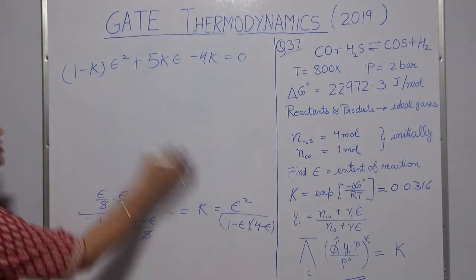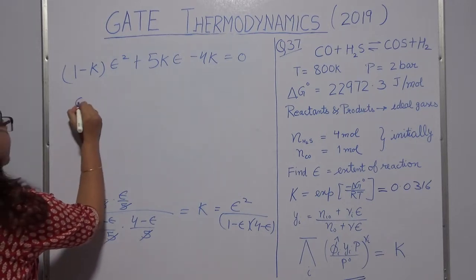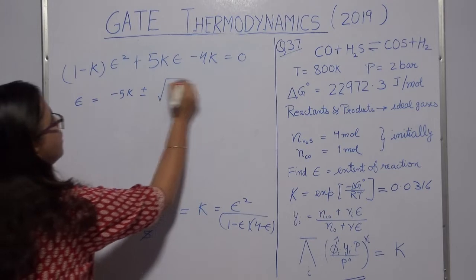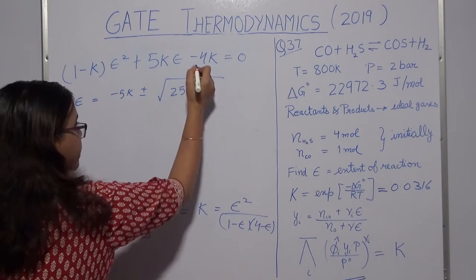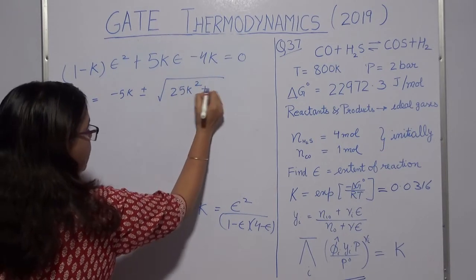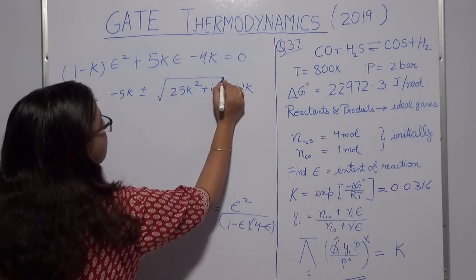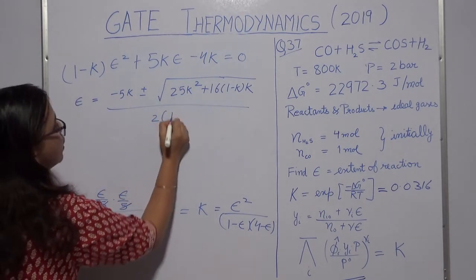You can solve it directly, or use the formula for solving a quadratic equation. Usually I prefer that, so I can write epsilon as minus b plus minus under root of b square minus 4ac. b square is 25k square, minus 4ac, so 4 4s are 16, a is 1 minus k, into k. And it should be divided by 2a, so 2 times 1 minus k.